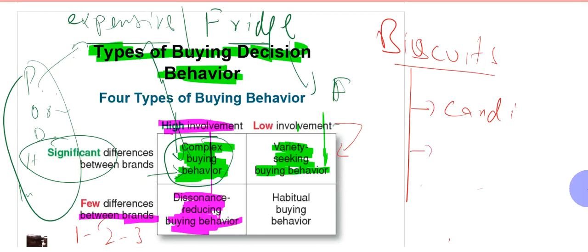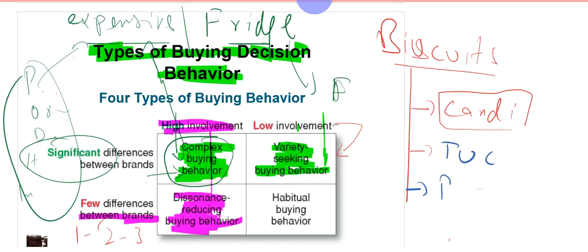I will have Candy biscuits with my tea, and the next time I go to a store, I will think that I have already tried Candy and now I will try Tuc. Next time I do not try Tuc, I try Peanut Pik. Next time I try Gala.